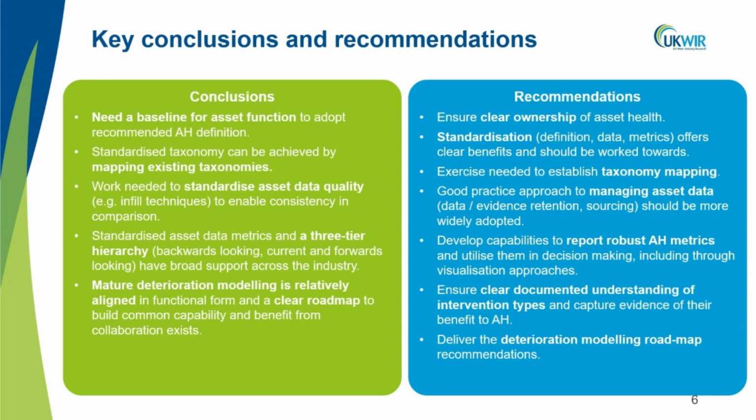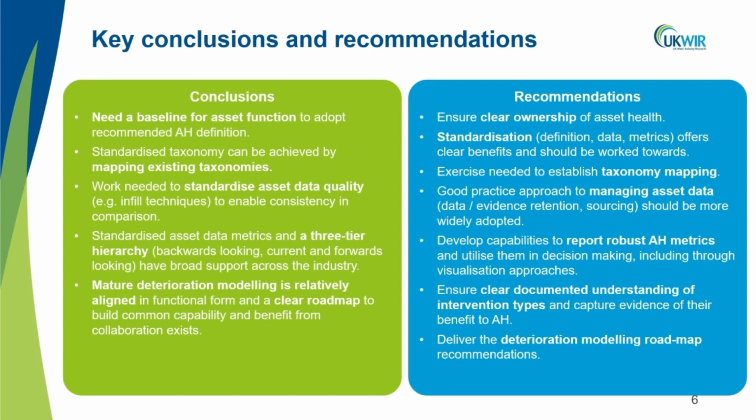Further research to recommend best practice to standardize data definitions and quality, such as infill techniques for missing data like asset age, will support the comparability of asset health assessments across the industry. Within the report, we propose several asset health metrics in a 3-tier hierarchy, grouping metrics in the following way.